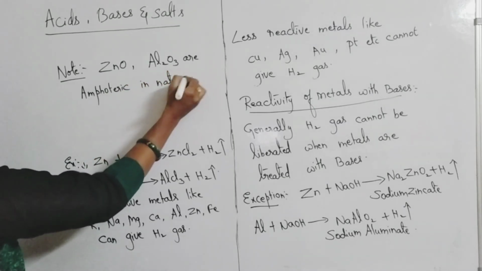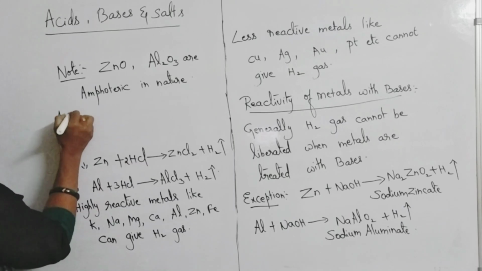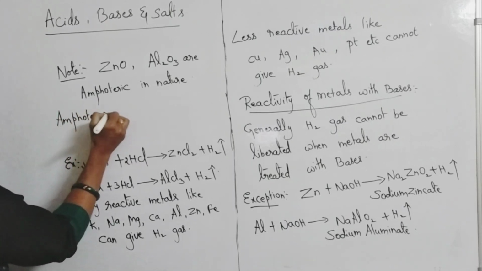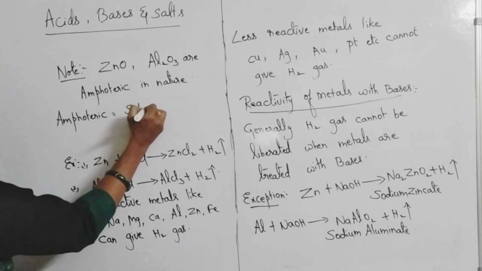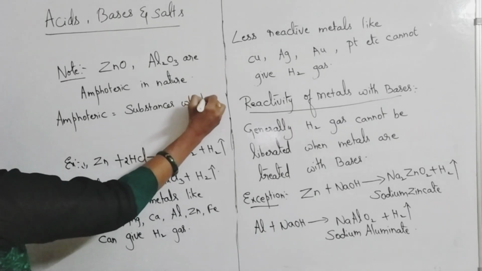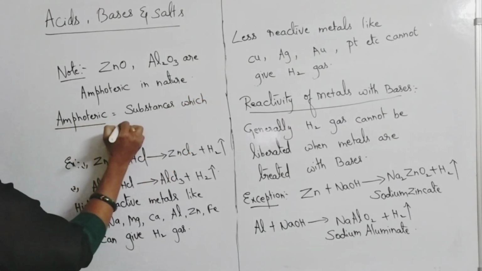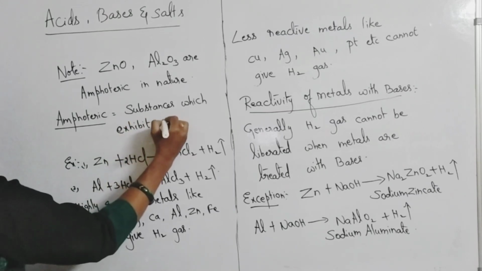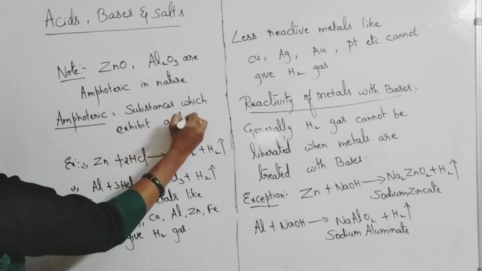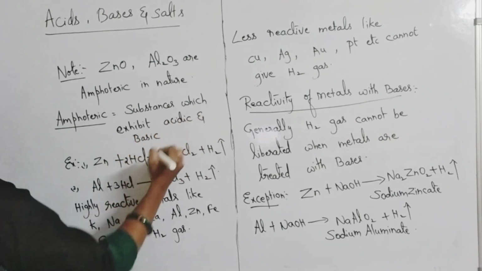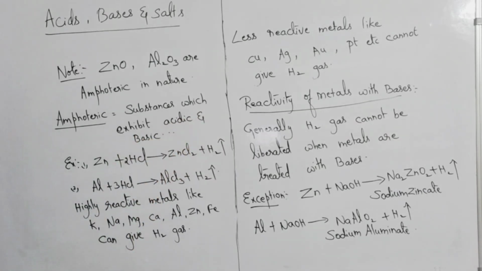The word amphoteric stands for substances which are both acidic as well as basic. You call them amphoteric. Substances which exhibit both acidic as well as basic properties are called amphoteric oxides.